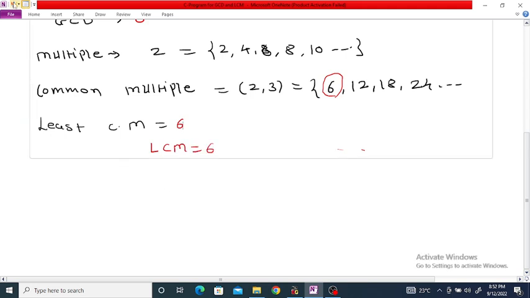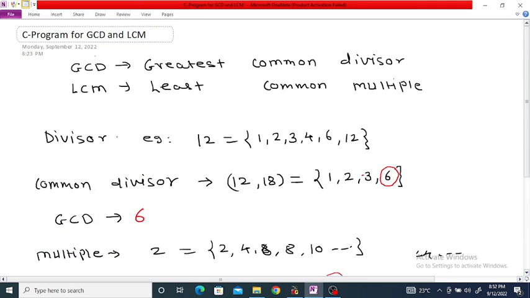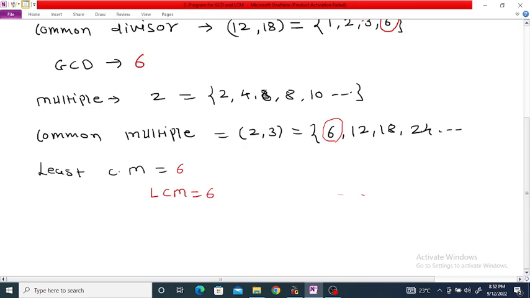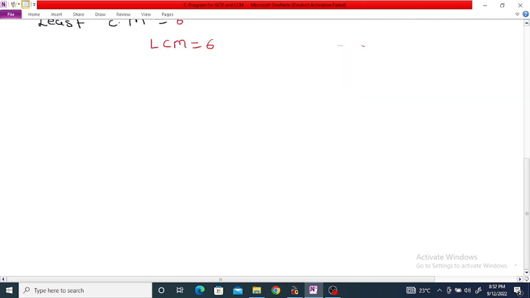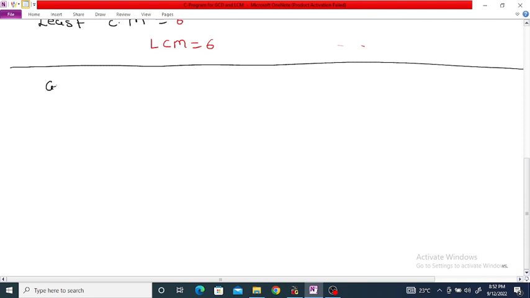So now we are going to write a C program to find GCD and LCM of any given two numbers. First of all, as we know, GCD into LCM is equal to A into B, if A and B are the given numbers. For example, if we take 6 and 8, A is equal to 6 and B is equal to 8.